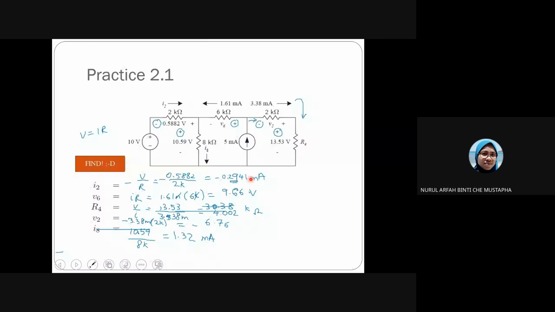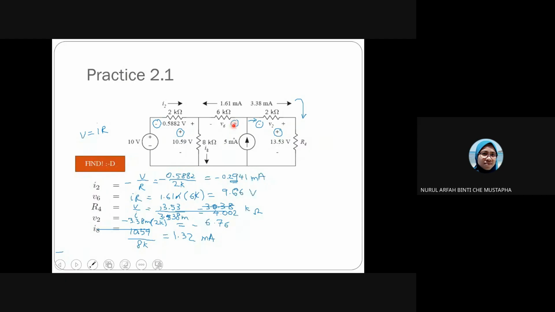I get this. Bear in mind, if it is fixed, okay. Voltage, the current is plus sign.